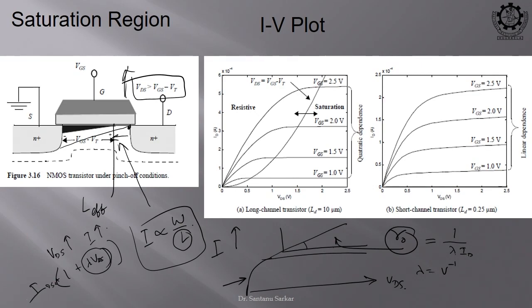So, the resistance at the saturation region is 1 by lambda I. This 1 by lambda you can also sometimes replace with VA, the early voltage, so VA by I will also give you a resistance. These are small things that will give you confidence while doing the design.